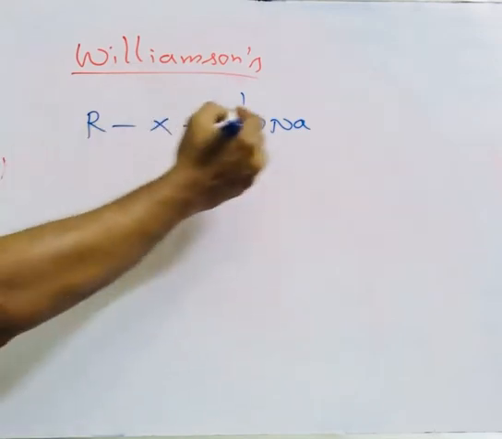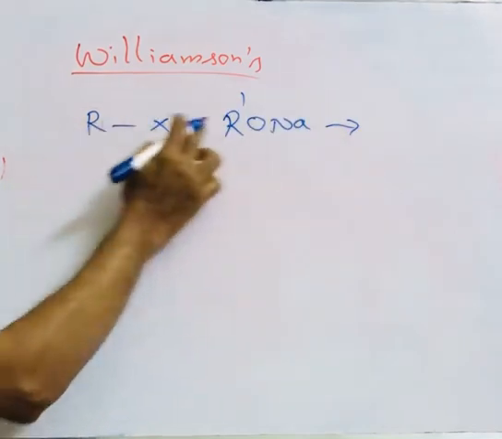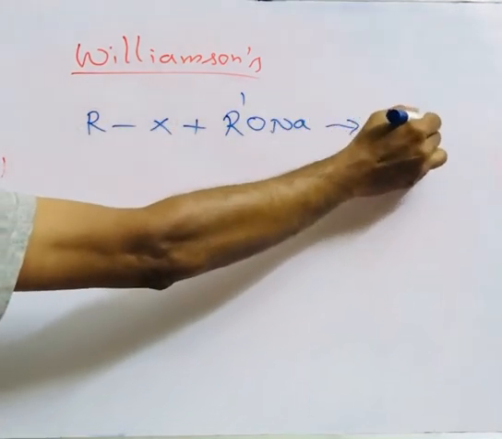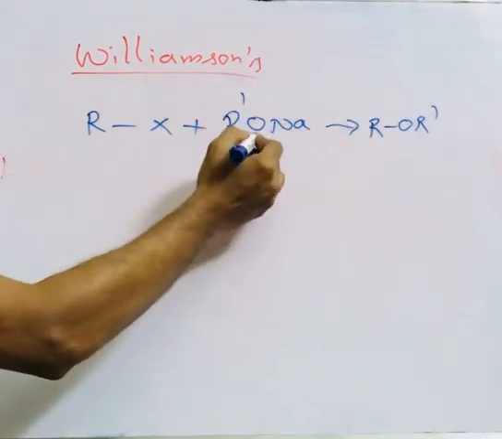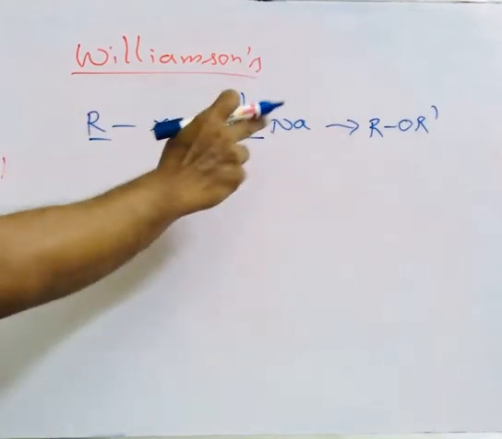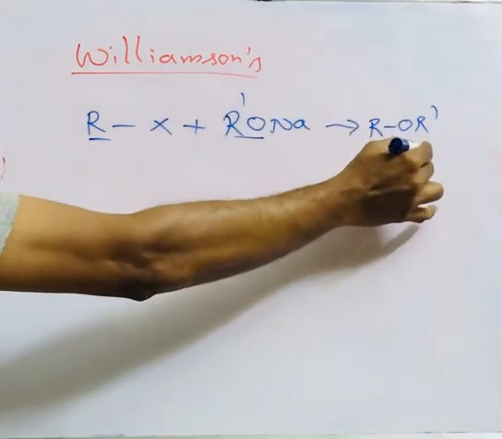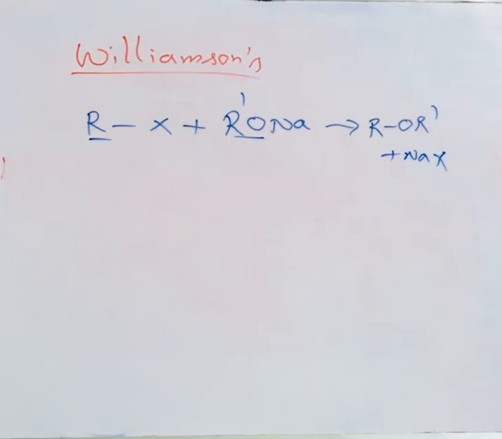So then what is the ether you will get? I have this R and R prime together, so you will get R, O, R prime. Then NaX will go, so this and this are connected: R, O, R prime, then NaX. Clear? So this is the Williamson synthesis.